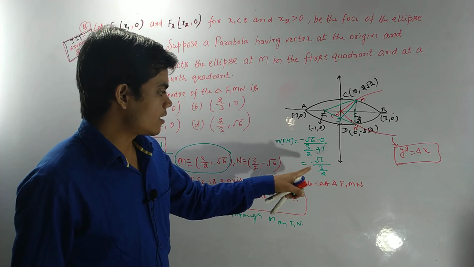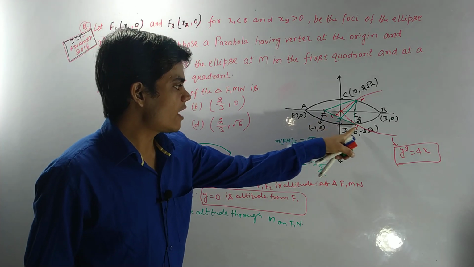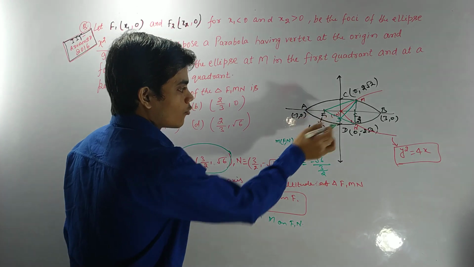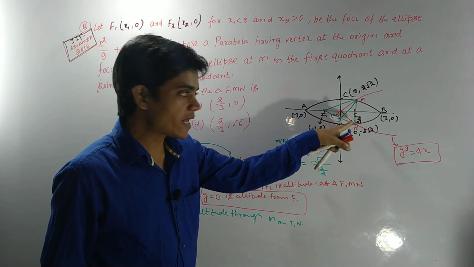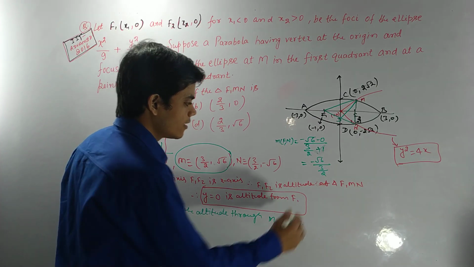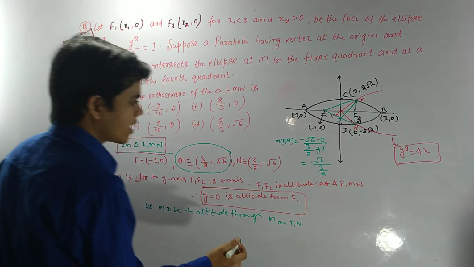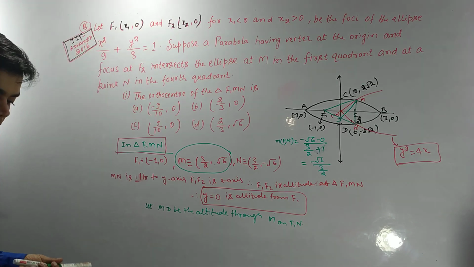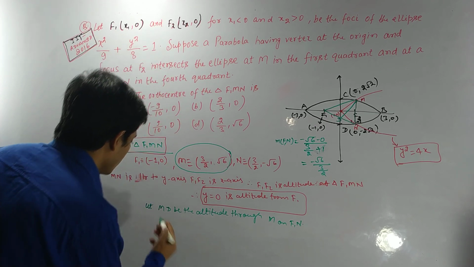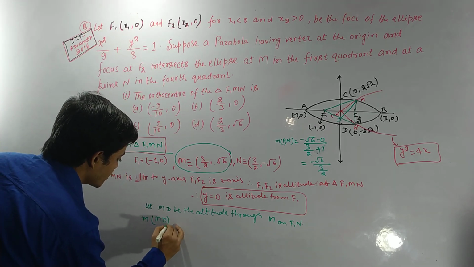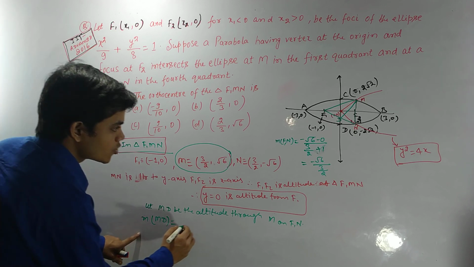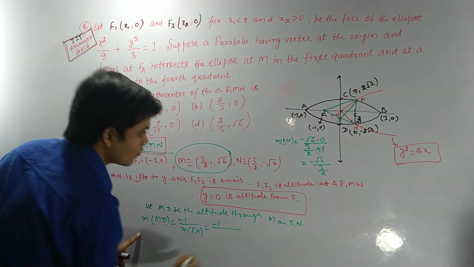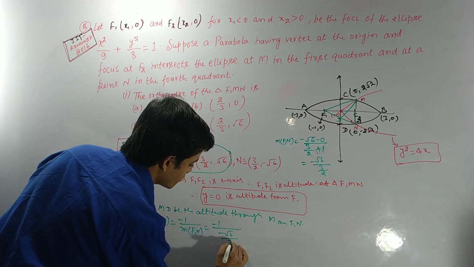So this is the slope of F1N, but we are not interested in F1N. We are interested in the slope of MD, but as MD is the altitude to F1N, the slope of MD, where m represents slope, is minus 1 upon the slope of F1N, and certainly minus 1 upon minus root 6 upon 3 by 2.